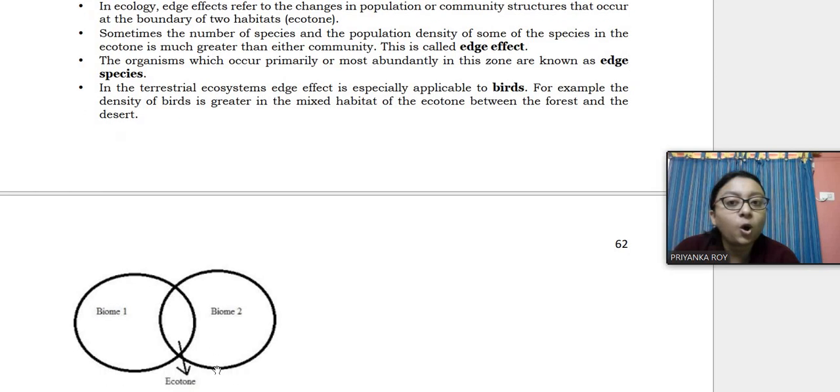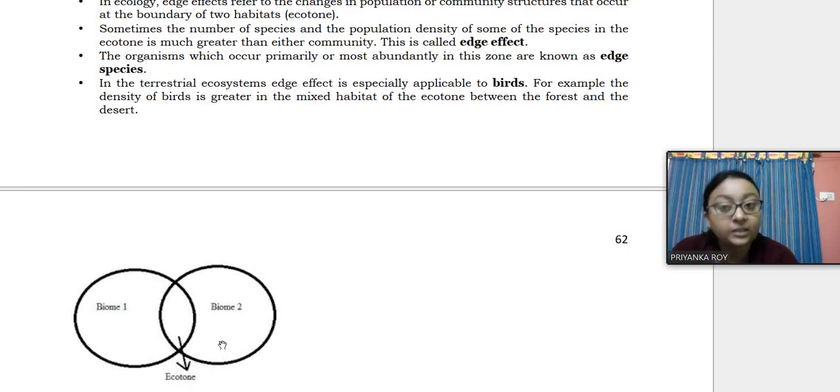Here you will see all kinds of species of biome 1 as well as some species of biome 2, and this ecotone region will also have some species of its own. Therefore the number of species and the density of population in this ecotone will be much greater than in either biome 1 or biome 2. This is known as the edge effect, and the species found in this ecotone are known as edge species.